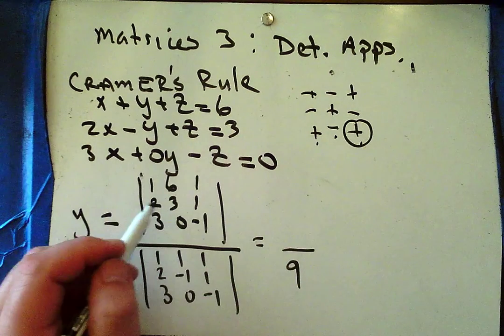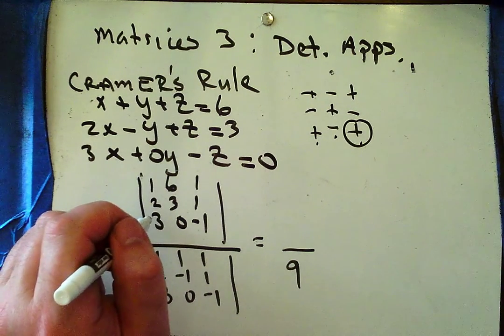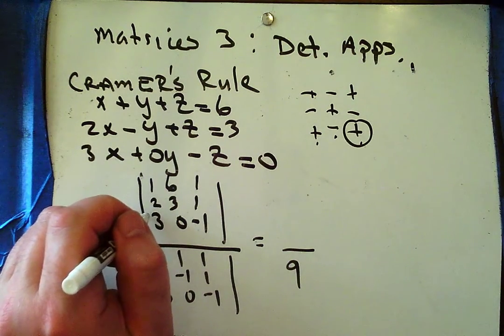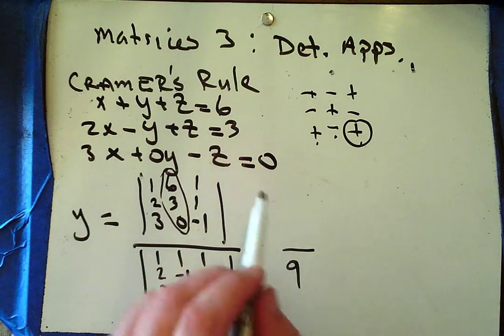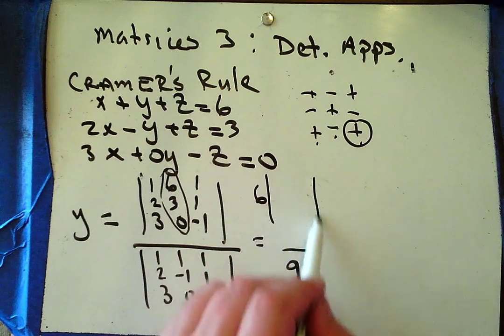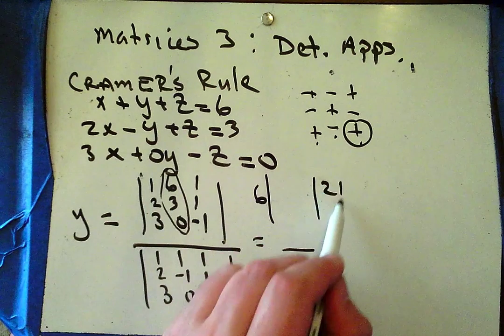Okay, so on top, what do we have? Well, let's expand along this just for variety. So I've got 6 times 2, 1, 3, negative 1.